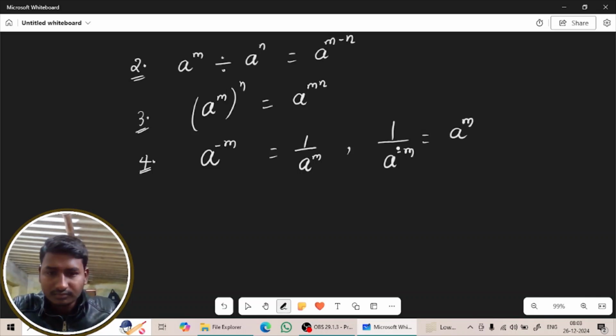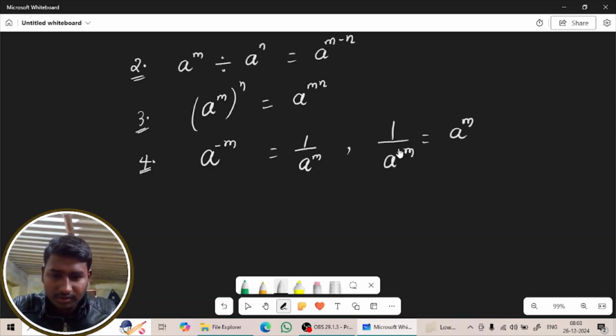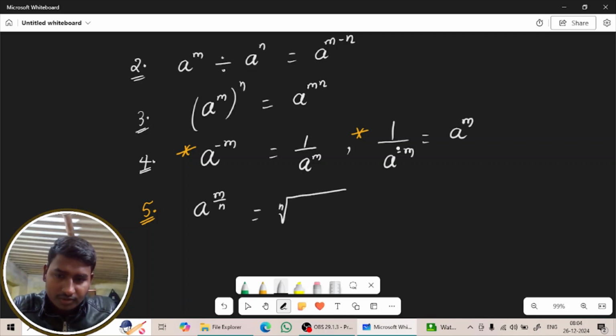Both are important, so you can write both down. Now fifth, if we have m over n as the exponent, this bottom number creates the root, and this top power goes with the number. This is how we convert numbers with exponents into roots.